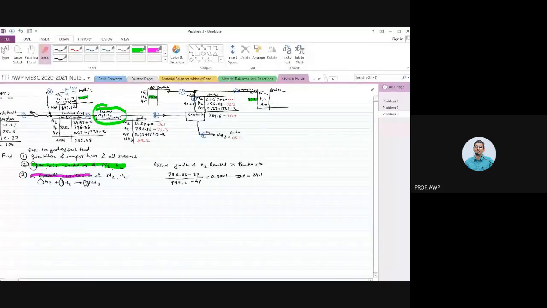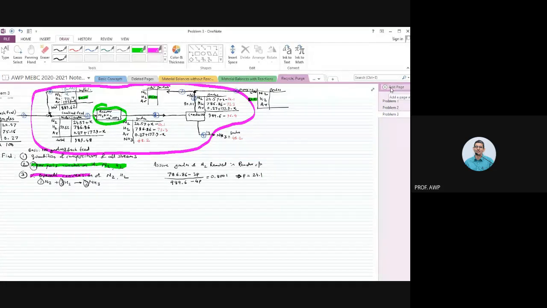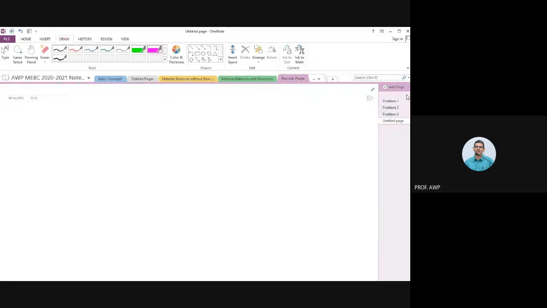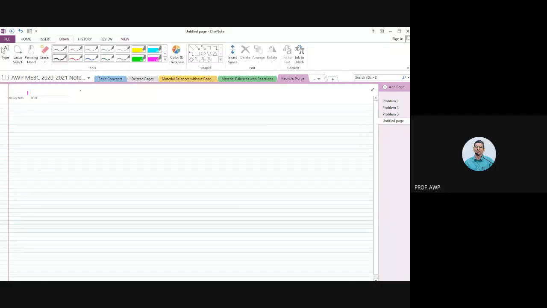That means if I take this whole plant as a control volume, that is the meaning of per pass and overall. Okay, shall we go to the next problem? Yes, sir. Okay, so here is the next problem.